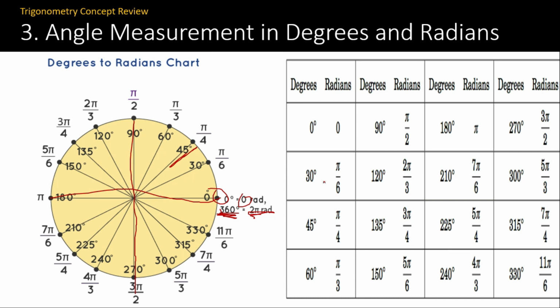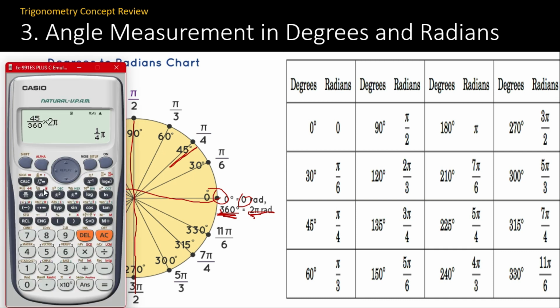If it's not here, if they have given you any angle at all, let's say 125.6, that's the degree given to you.